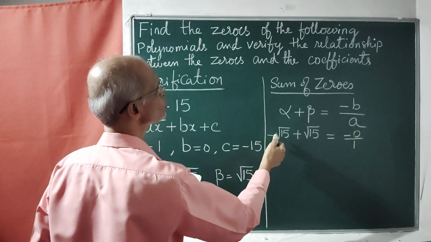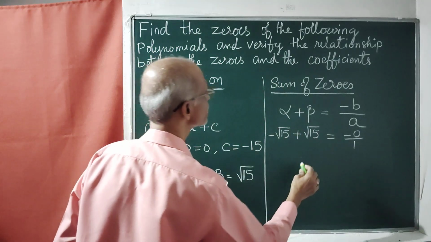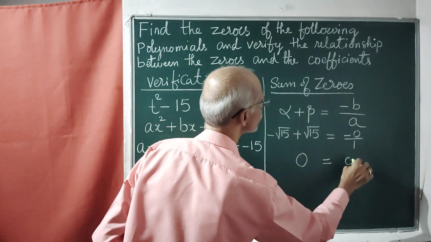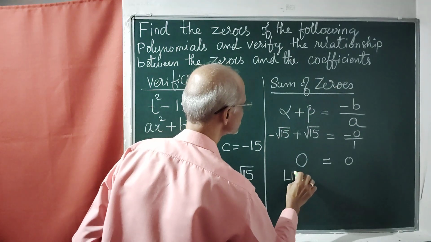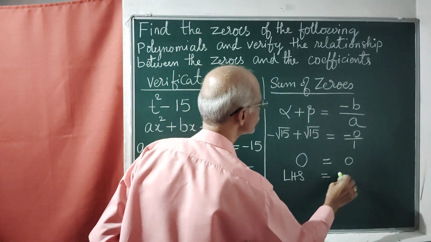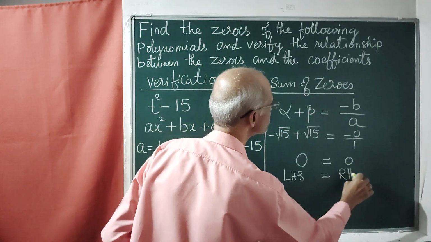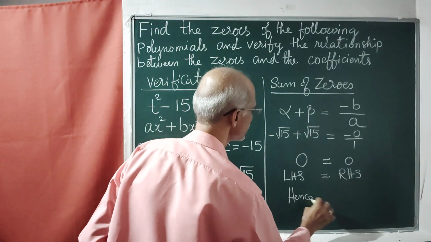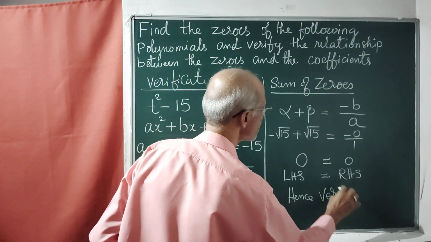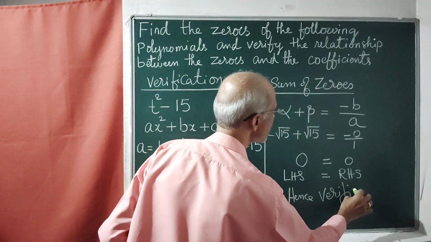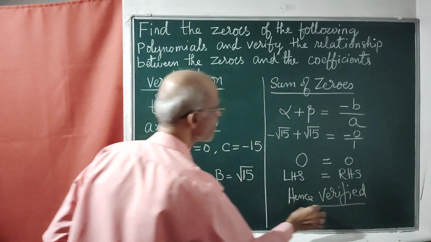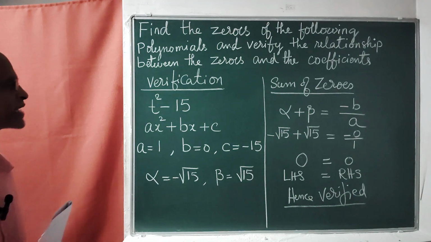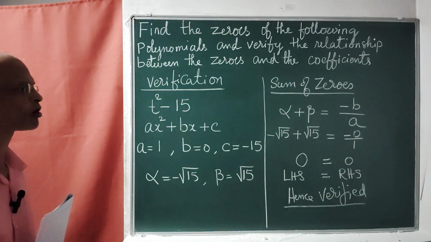So minus root 15 plus root 15, we get 0. Here also we get 0. So LHS is equal to RHS. Hence verified. Please take the screenshot if you want.